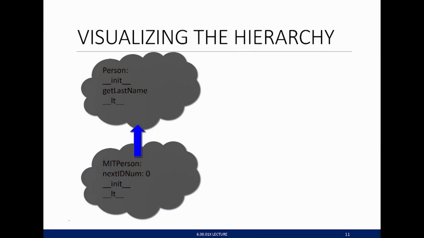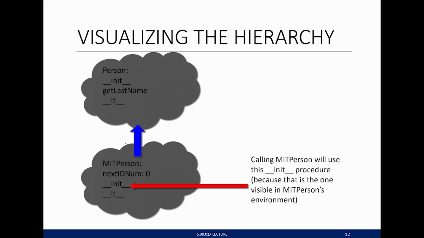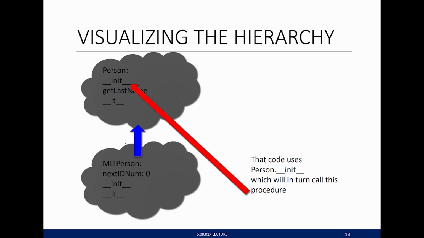With that in mind, let's look at what would happen if I built some examples of this. So a way to think about this is, in my memory somewhere, I have a representation for the person class, and I have a representation for the MIT person class. When I call for an instance of MIT person, it's going to use this init procedure because it's that class, and that's the one that's visible inside this environment. But as we saw in the code, calling that init procedure then calls the person init procedure.